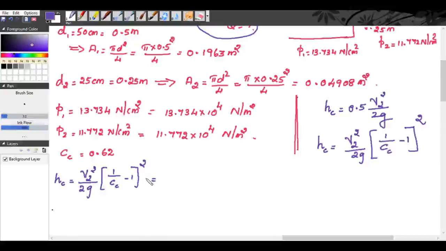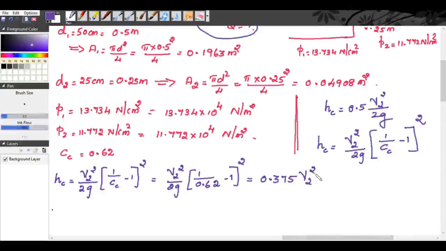So, V2 square by 2G multiplied by 1 by 0.62 minus 1 the whole square. So, we get 0.375 V2 square by 2G.